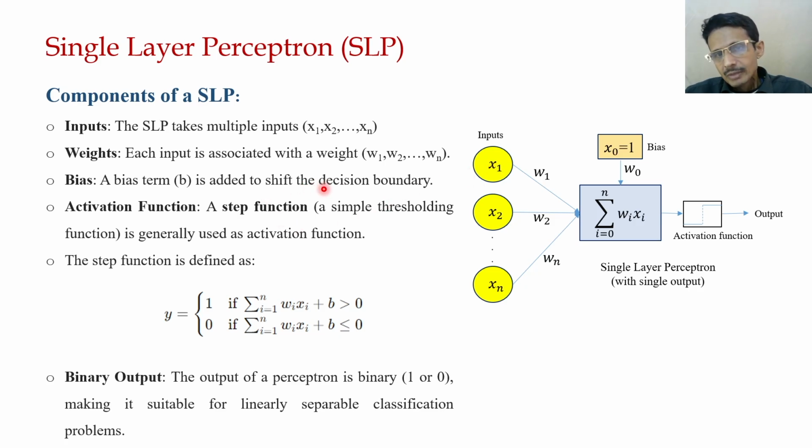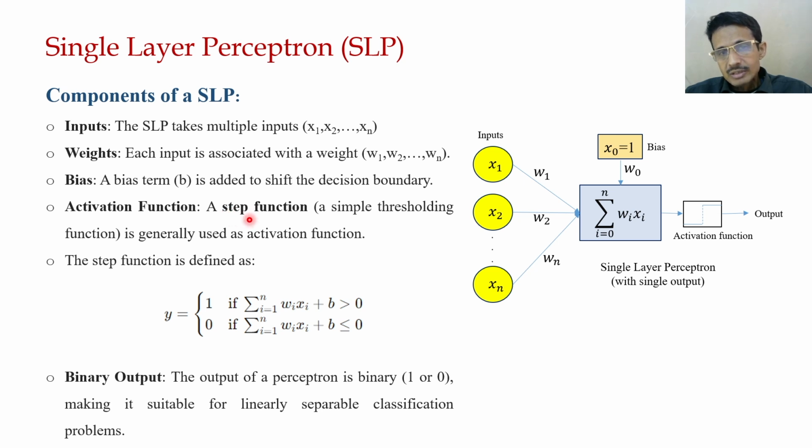Now, there is a bias term. We'll see later that there is a hypothesis function or decision boundary, and the bias is used for a kind of DC shift of the decision boundary, which we will see in a later part. Another important thing here is the activation function. We said earlier that it is a nonlinear activation function.